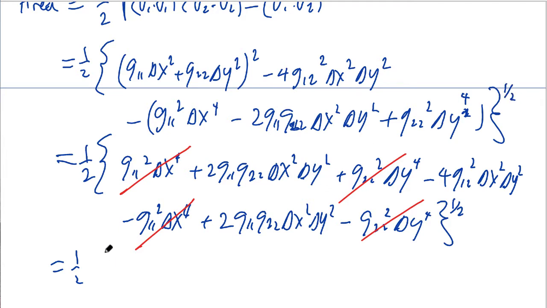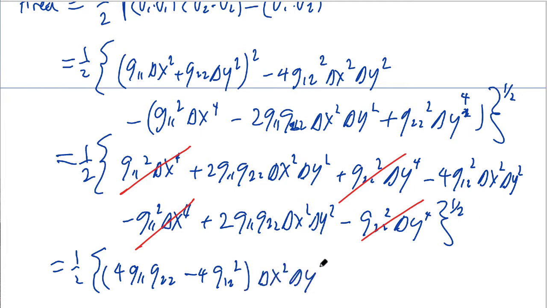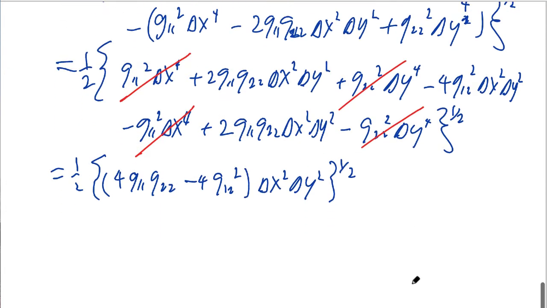Okay, it's under the square root. So this is 4 g11 g22 from these two terms minus 4 g12 squared from these two terms. All of these have a common factor of delta x squared delta y squared. And all of this is under the square root.